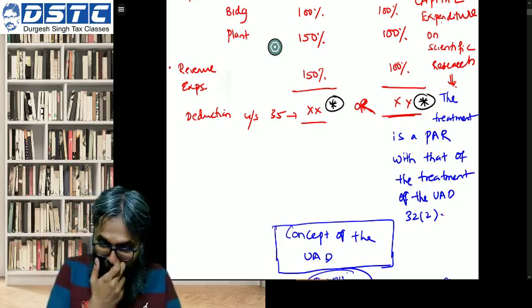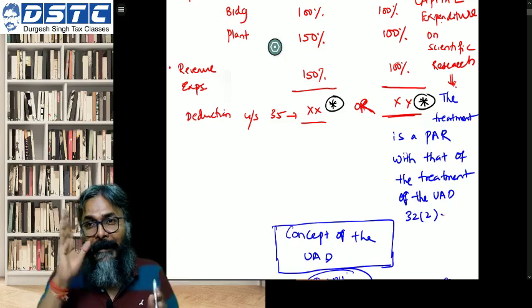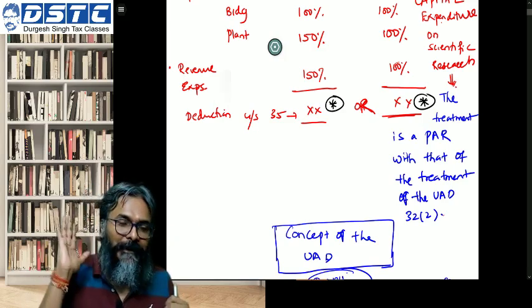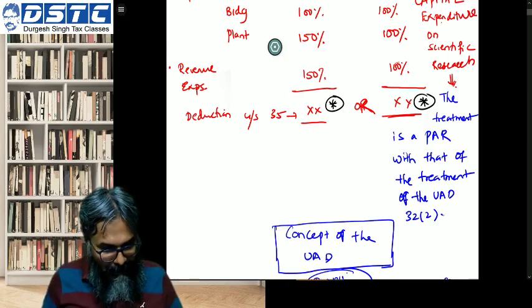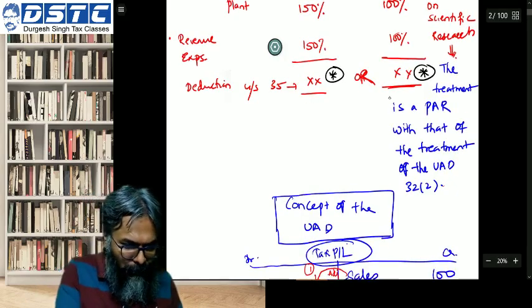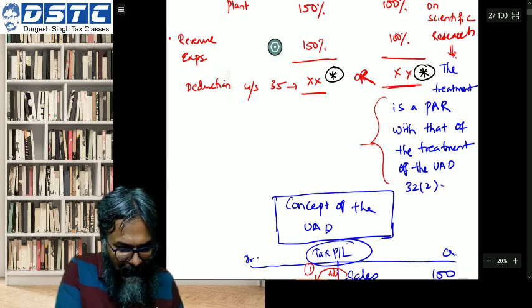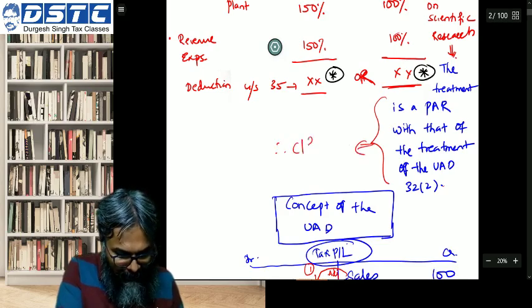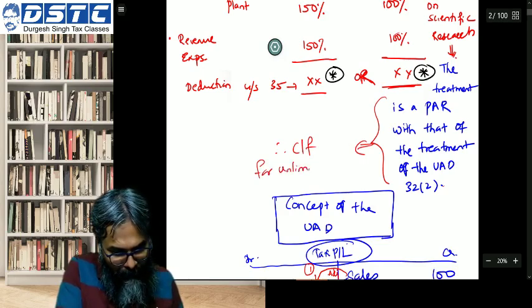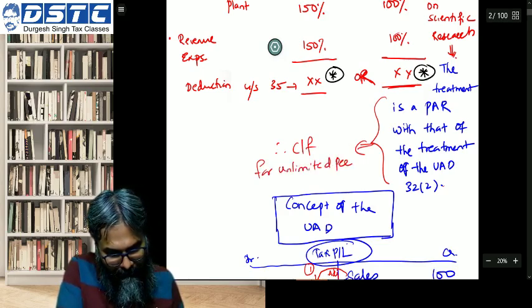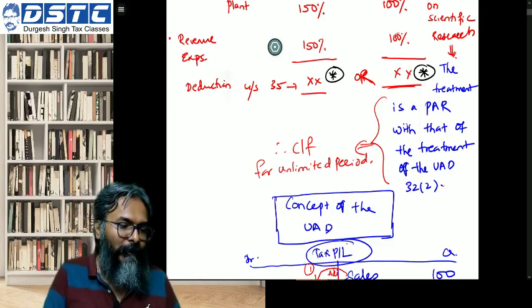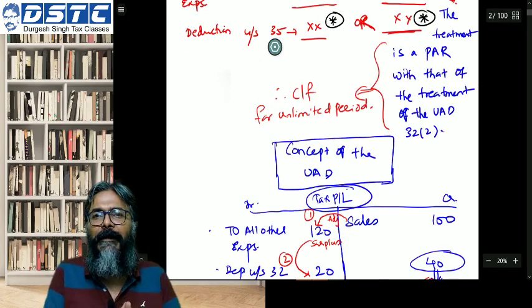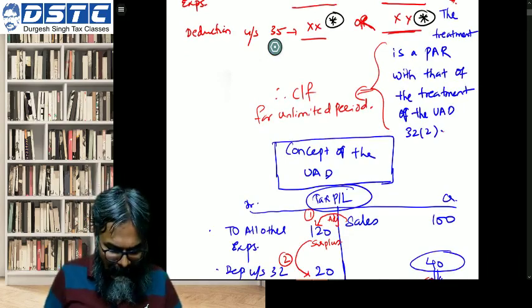Did you all get this one now? So here we can say, therefore, carry forward for unlimited period. I hope that now you have got hold of this concept. We can now proceed further quickly.